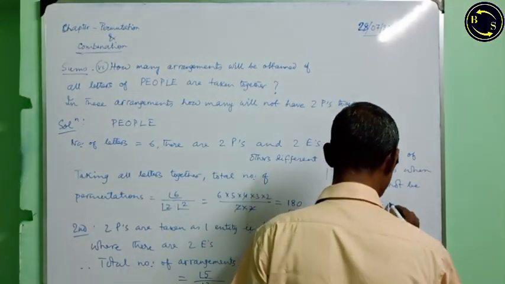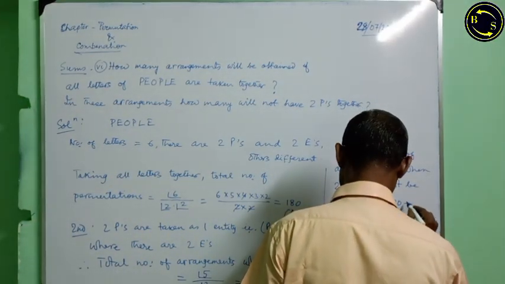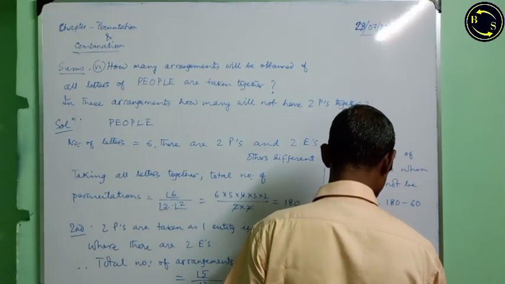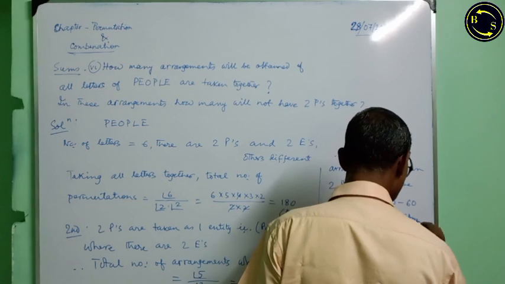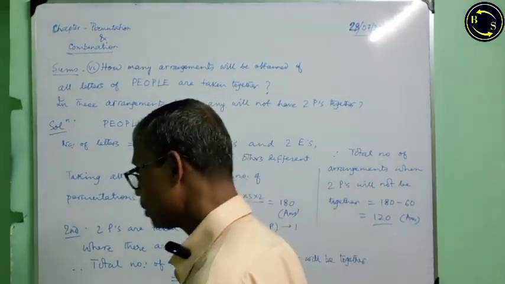That means 180 minus 60 is equal to 120. This is the answer of the second part.